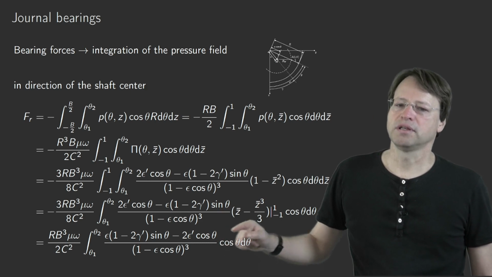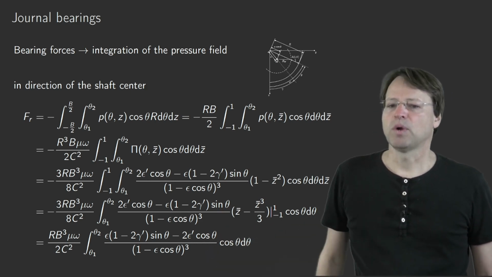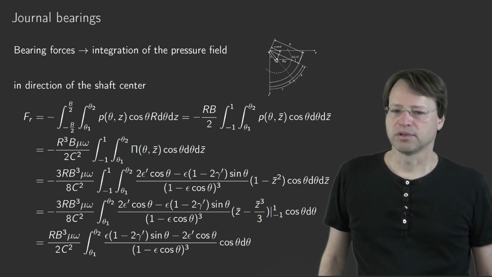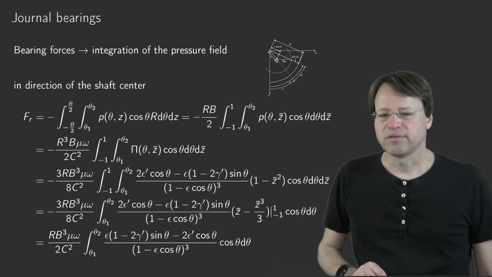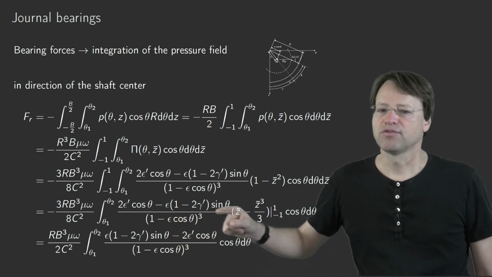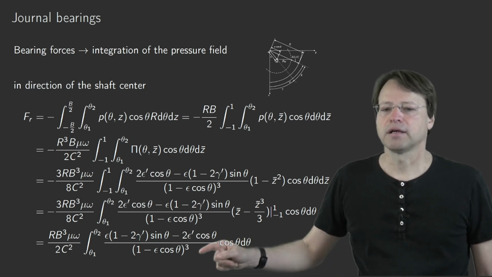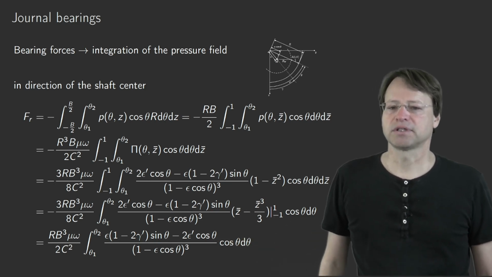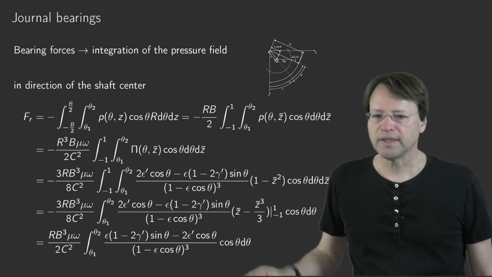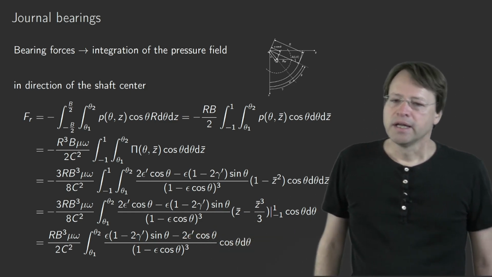We have a cosine theta times cosine theta, so cosine theta squared, divided by 1 minus epsilon cosine theta cubed. So these expressions that we have to integrate look very similar. They are composed of harmonic functions, sine and cosine functions in a certain power, and we always divide by 1 minus epsilon cosine theta cubed. And that division here makes the integration so difficult.